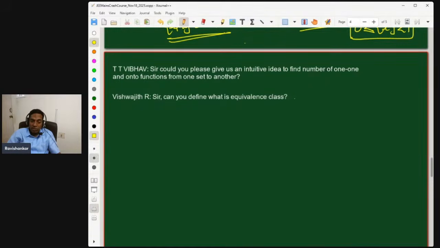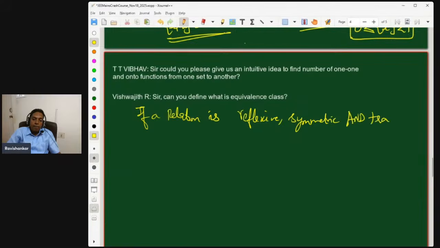Vishwajit, can you define what is an equivalence class? I don't believe that is in your syllabus. See, if a relation is reflexive, symmetric, and transitive, it's an equivalence relation. And knowing equivalence relation is enough.